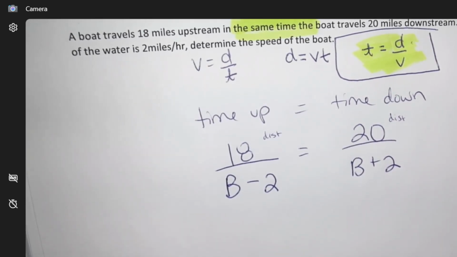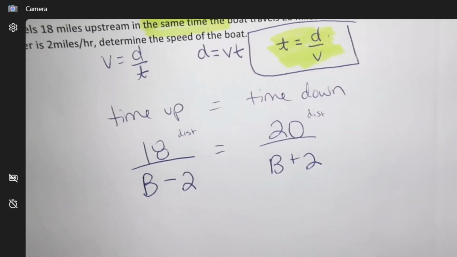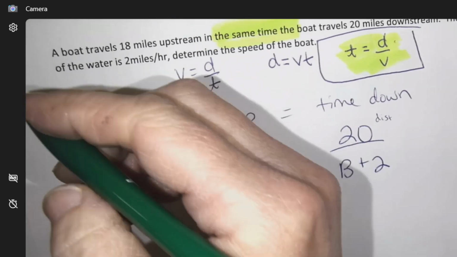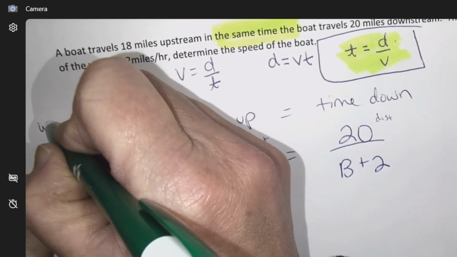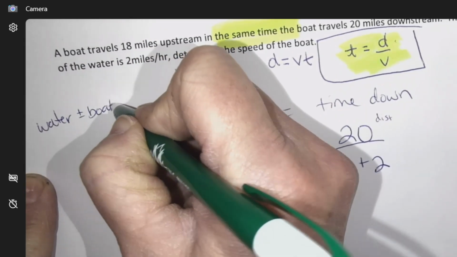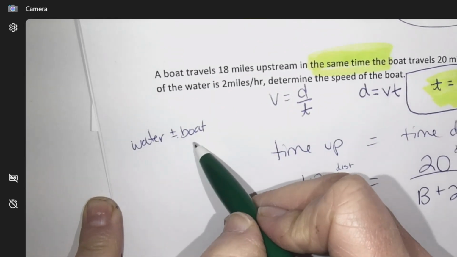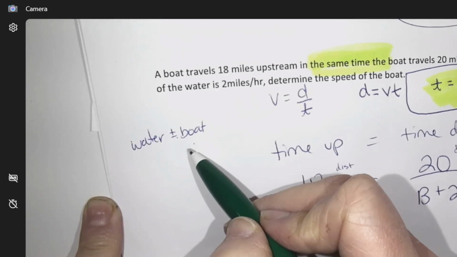Whatever your boat is first. Yep. What if I gave you the boat speed and you had to figure out the water? I could do that as well, right? You always have to do boat first, because what if somebody did water plus or minus boat speed? You're probably going to get a negative, right?